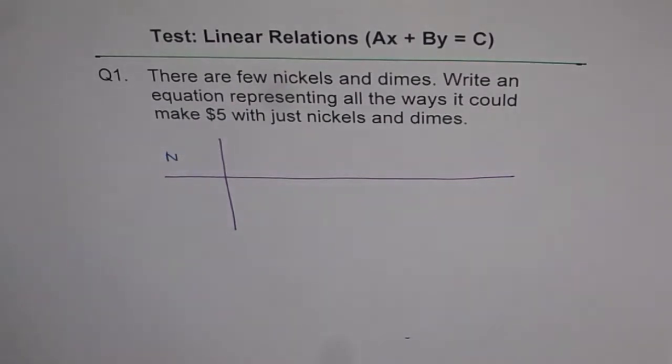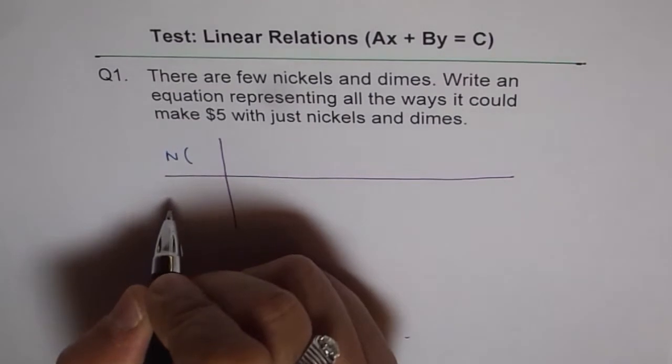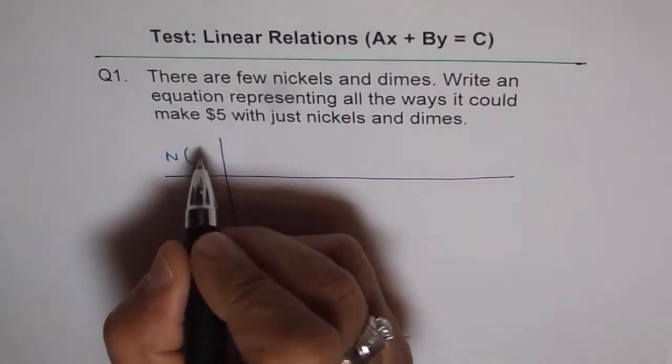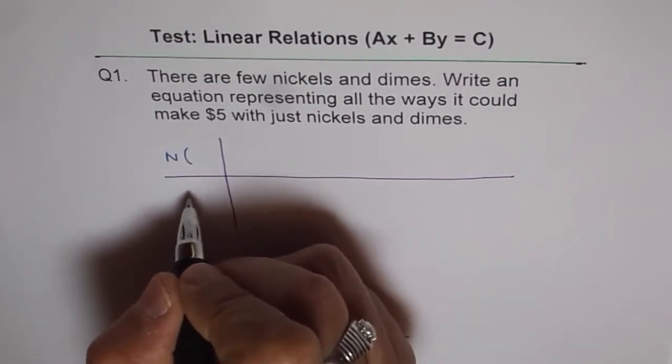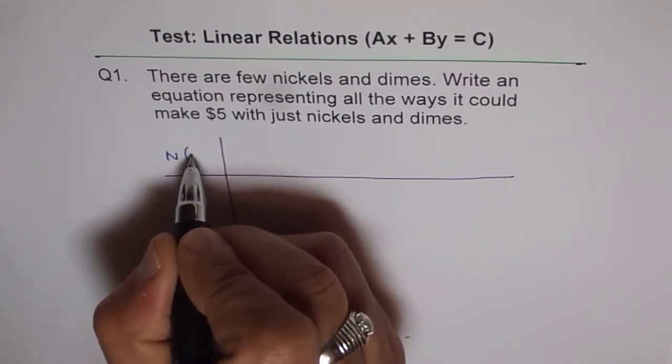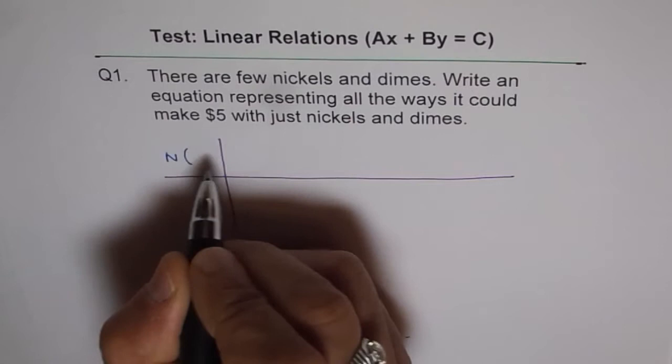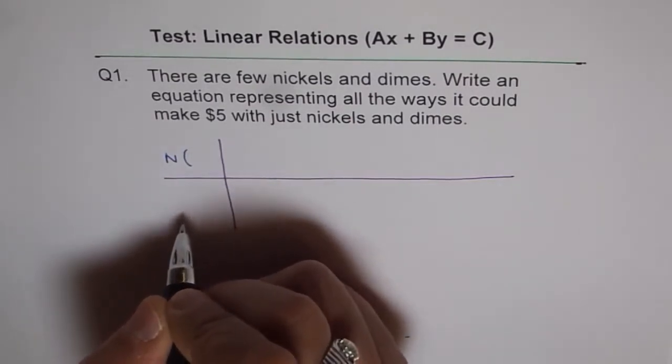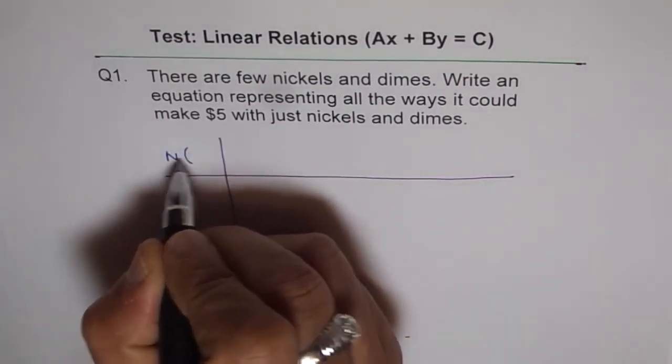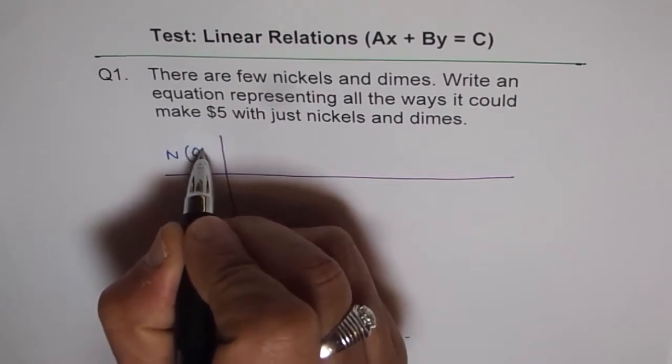So we have used variable n for nickels. Now nickels means how many cents? Just 5 cents, or in dollars 0.05. Let me write these things in cents, it'll be easy for us to work with. So we'll say nickel is 5 cents.